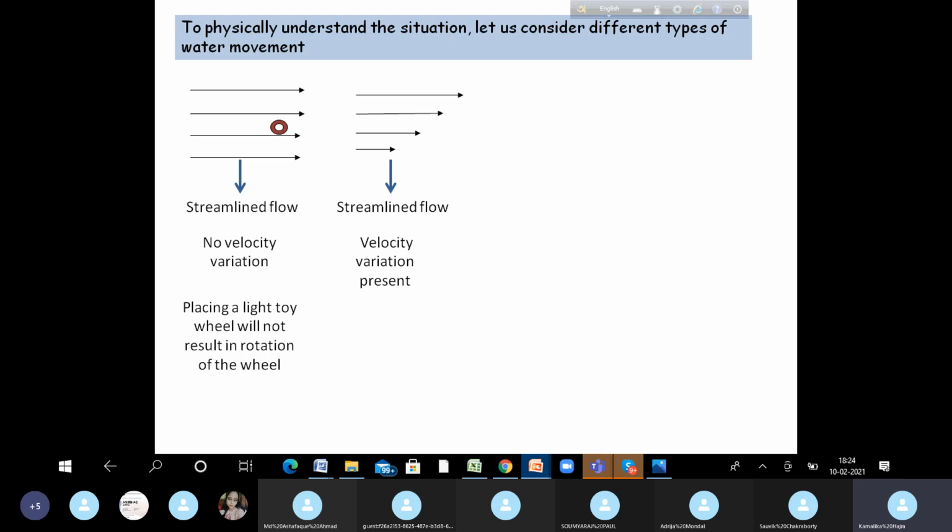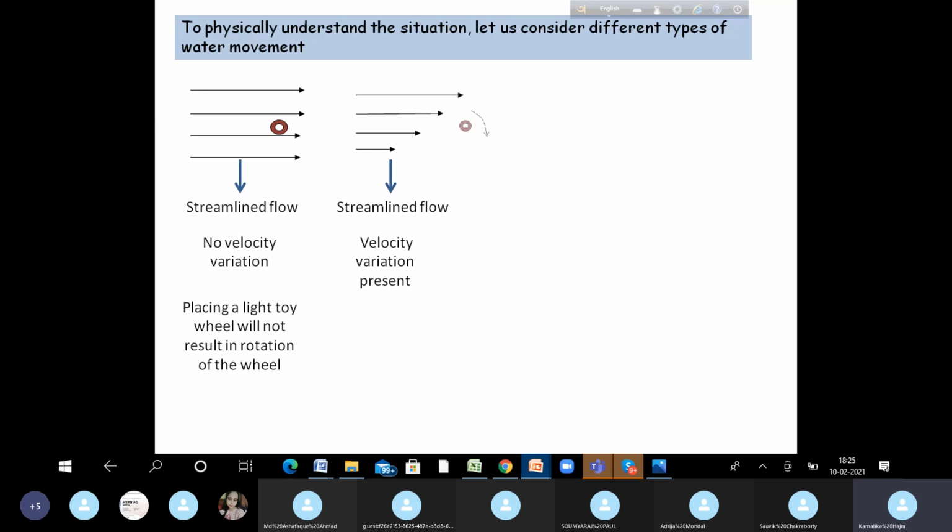Velocity there is 0, and the velocity at the axis which passes through the center of the tube is highest. So there is a velocity gradient present if you move from the center of the tube to either side towards the wall of the tube. Velocity is not constant. It varies from layer to layer. Consecutive layers have different velocities.